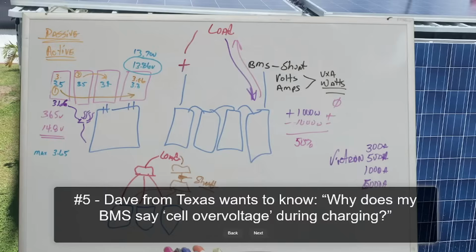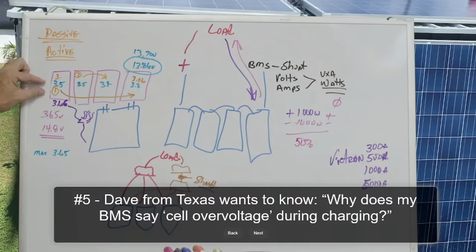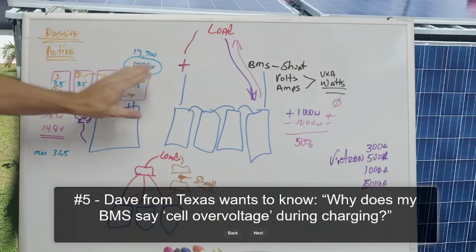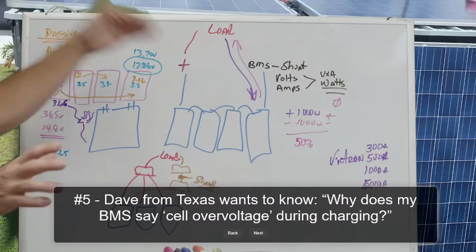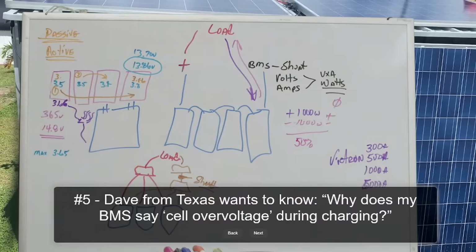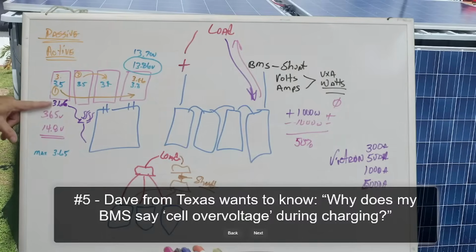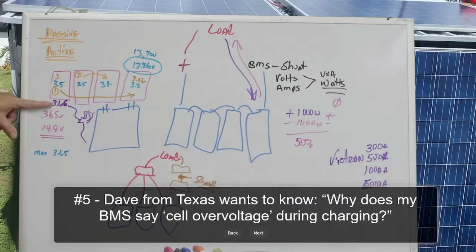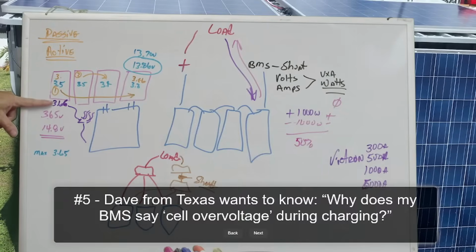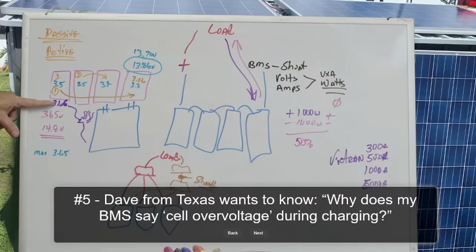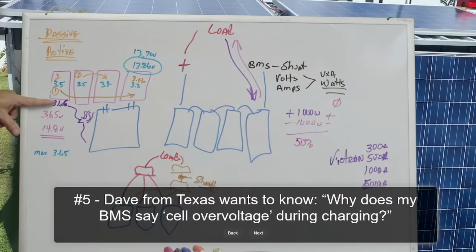I'm not going to allow any more power to come in from here, and it's going to shut the whole battery pack for charging down. Now, it'll still let you pull battery power out, but it won't let you put battery power in until something changes with this cell and it gets back into a recovery mode and pulls it down below the 3.65, which is the requirement that we have.